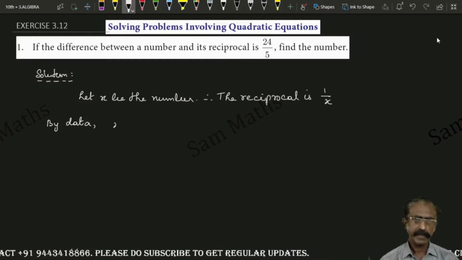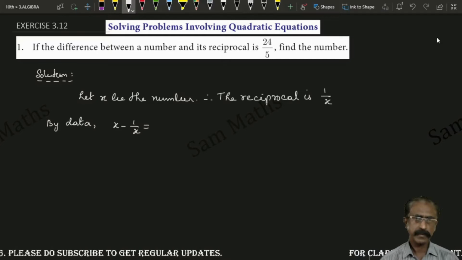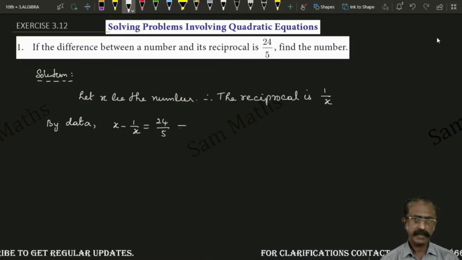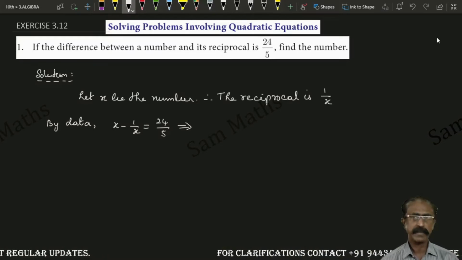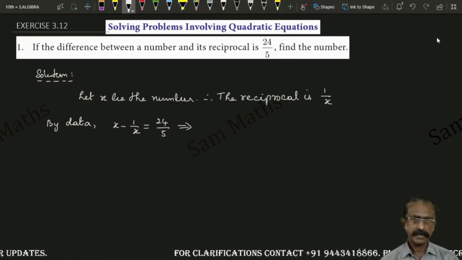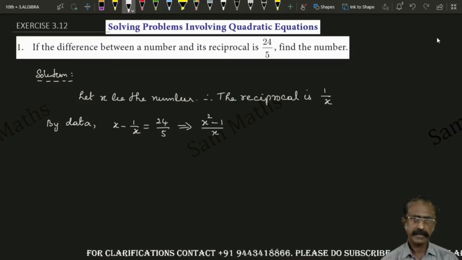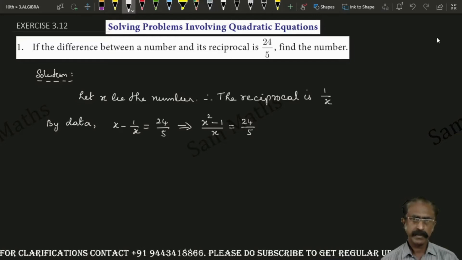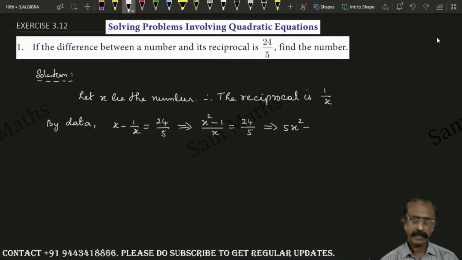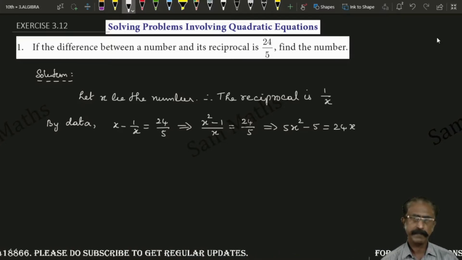Therefore, x minus 1 by x equal to 24 by 5, which implies you have to convert this into a quadratic equation. Take LCM, x square minus 1 divided by x equal to 24 by 5, which implies 5x square minus 5 equal to 24x.